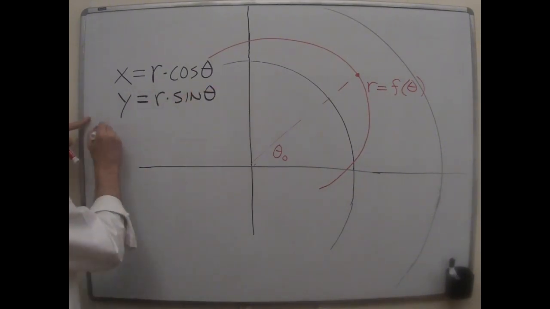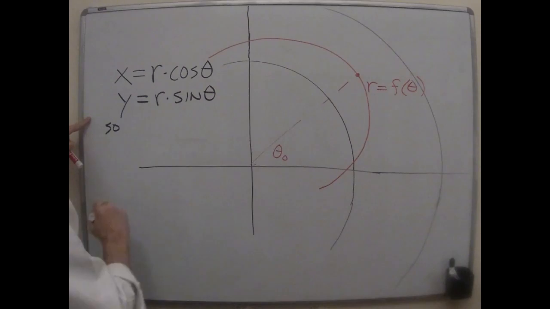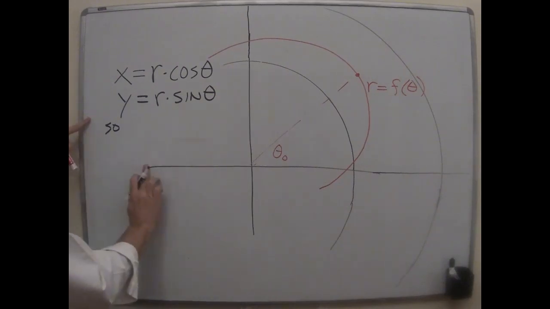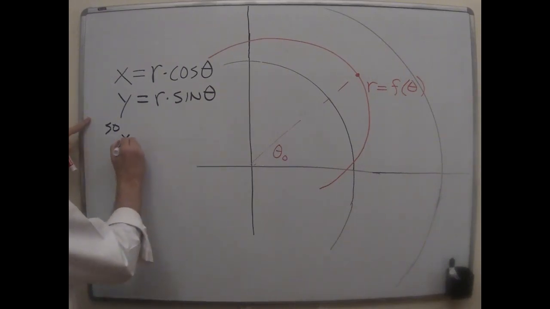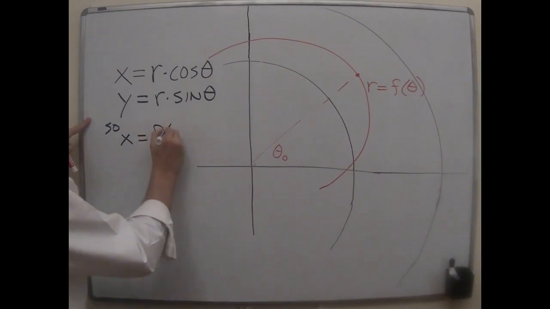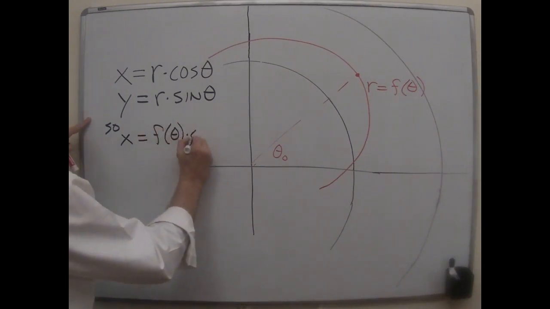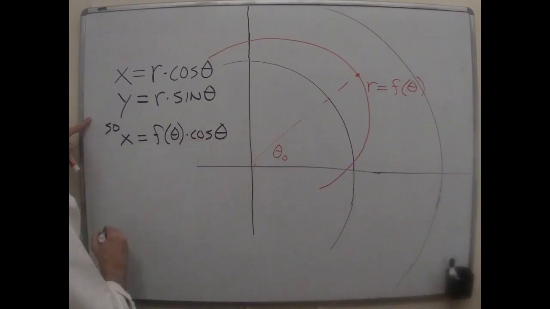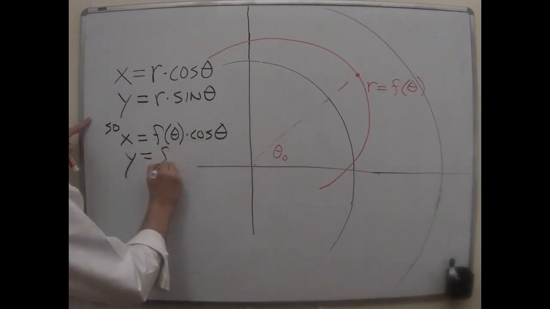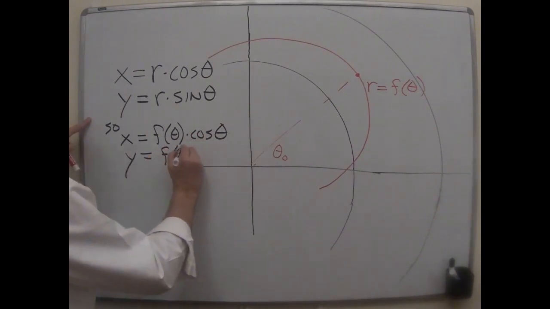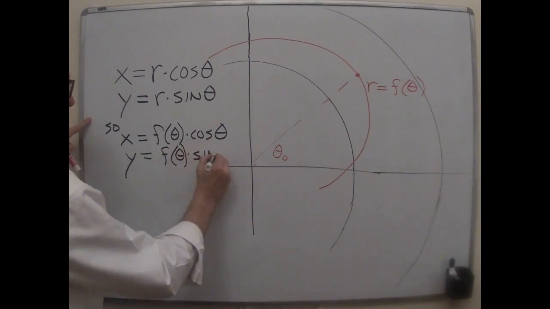But that means, since r is f of theta, you can write both of them strictly in terms of theta. x is f of theta times cosine of theta, and y is f of theta times sine of theta.